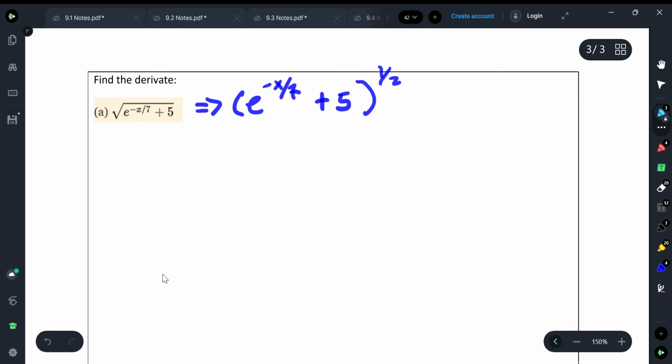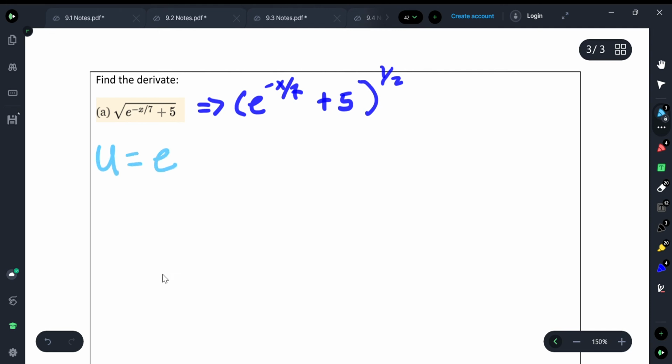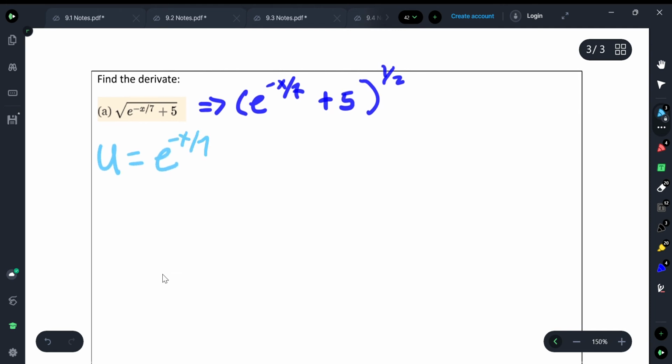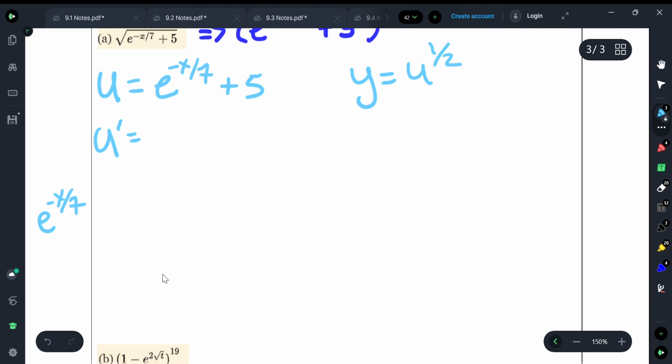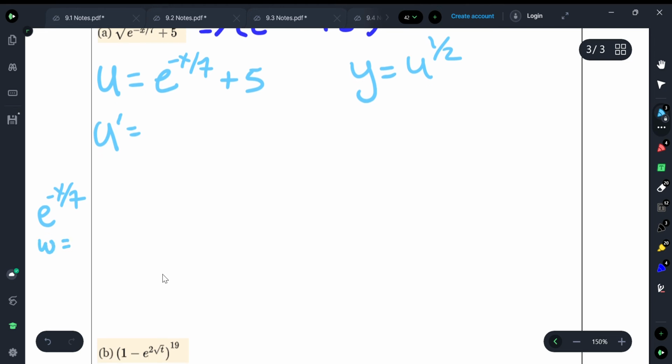So let's go here. We got u is going to be the inside function here, and y is going to be u to the 1/2 power. All right, well, in this case, this is a special function, so e to the... here. We will just say w is the inside function here, and instead of y, we'll call z is going to be e to the w power.